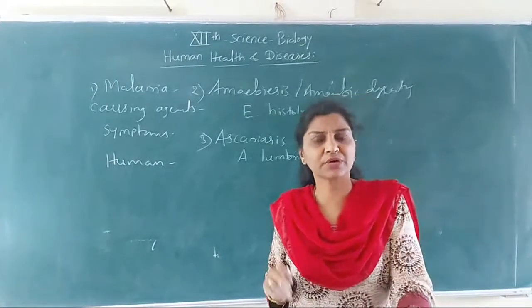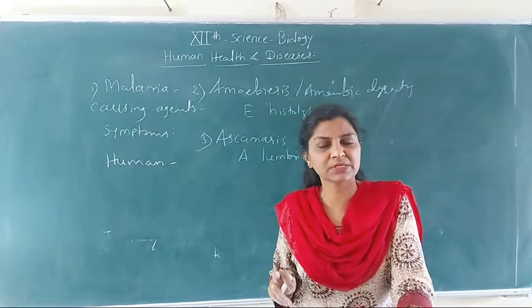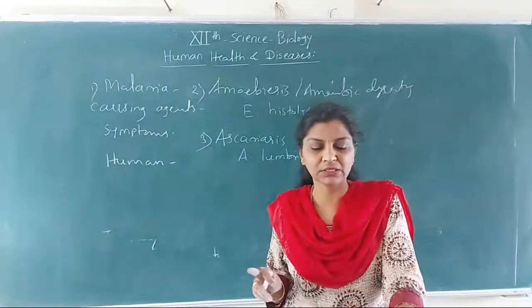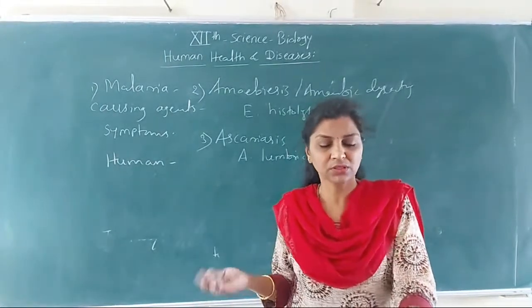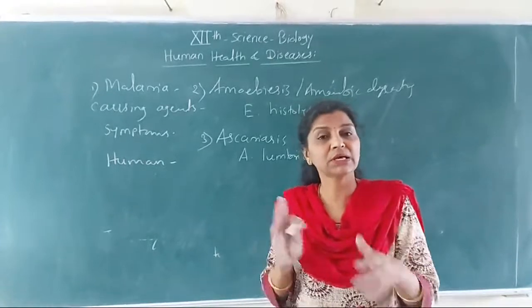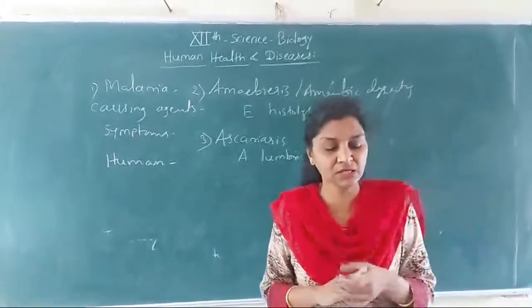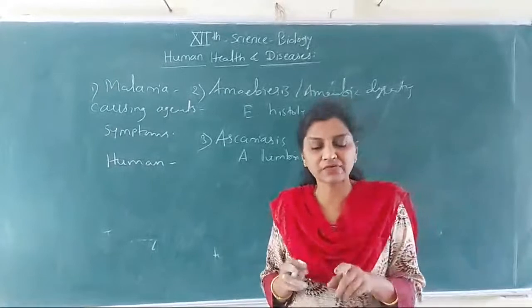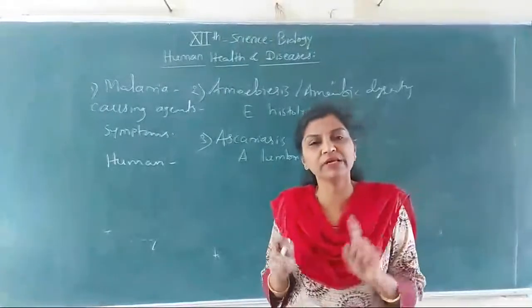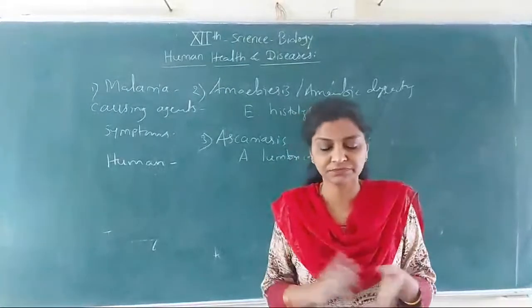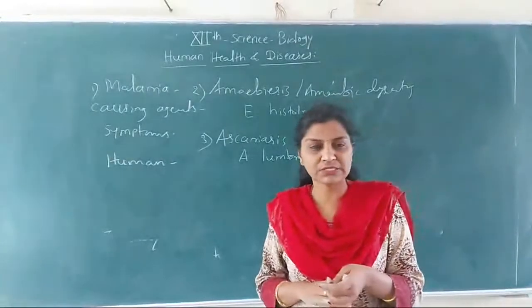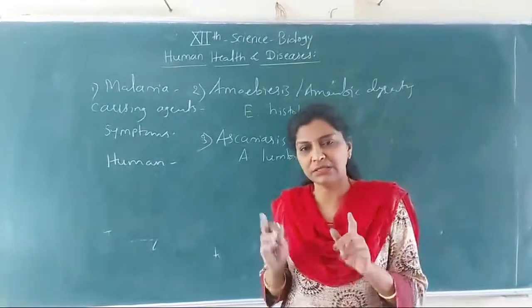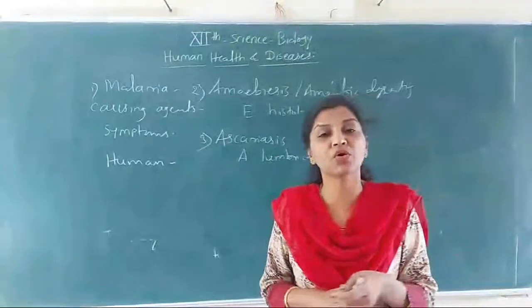Then what is the mode of transmission? Eggs which are present in food or drink may enter into the individuals. The eggs are hatched in intestine and the larvae pass through various organs including lungs, which settle as adult in digestive system. So that is the mode of transmission.